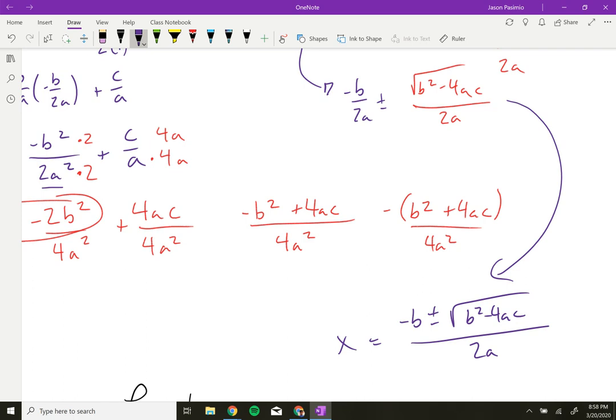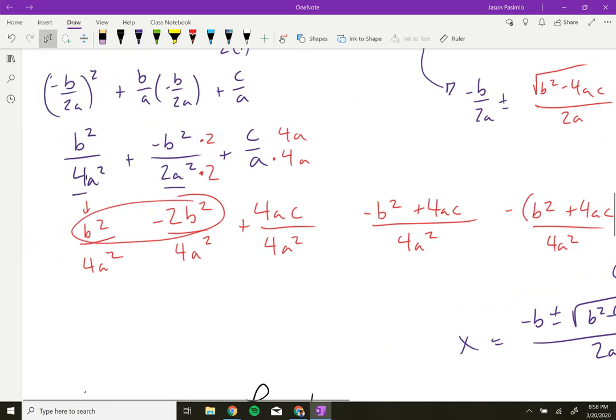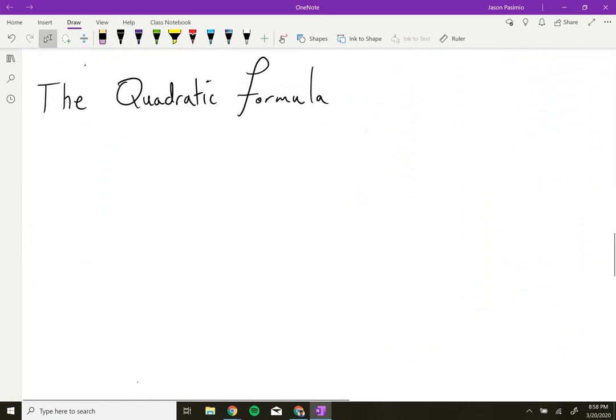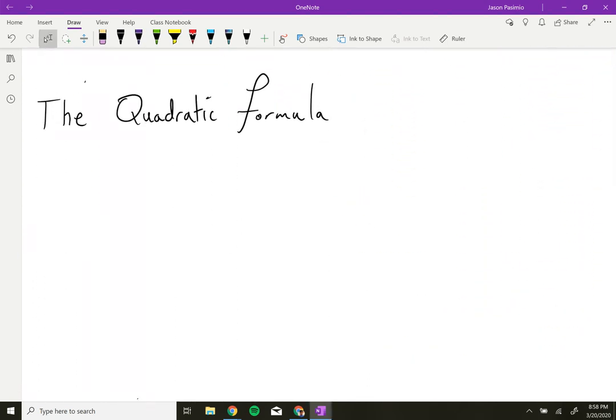And so what I can do is I can use this formula here, and that's going to let me solve quadratic equations without having to worry about completing the square and without having to worry about pseudographing. So this is the part you should write down. The quadratic formula.